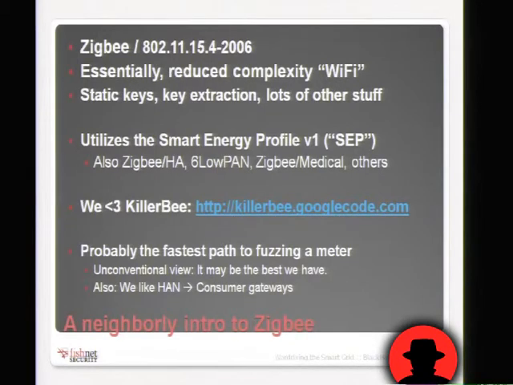And I kind of like it too because, if you look under the hood on things like SEP, in some cases those devices on your HAN that are ZigBee enabled can ultimately, if they so chose, be controlled by your utility.